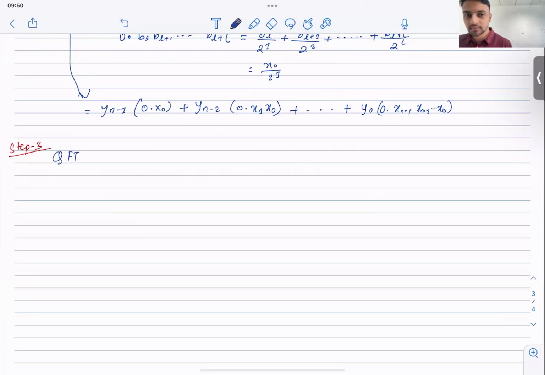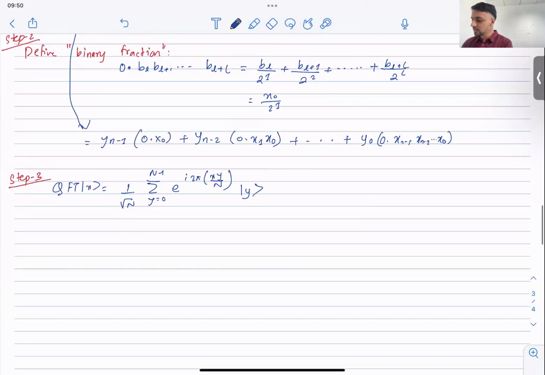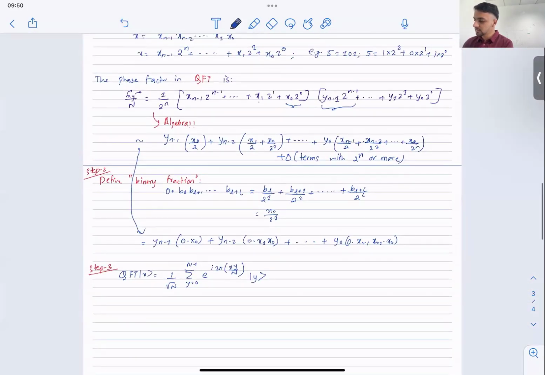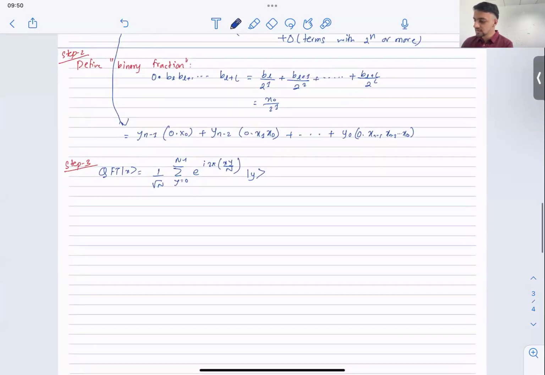I do the following. So QFTX, I write down this as 1 over square root of capital N. So I'll write down the definition again, e to the 2 pi i x y over N. So you saw how xy is multiplied right here. Now what I do is I just copy paste what I wrote down.